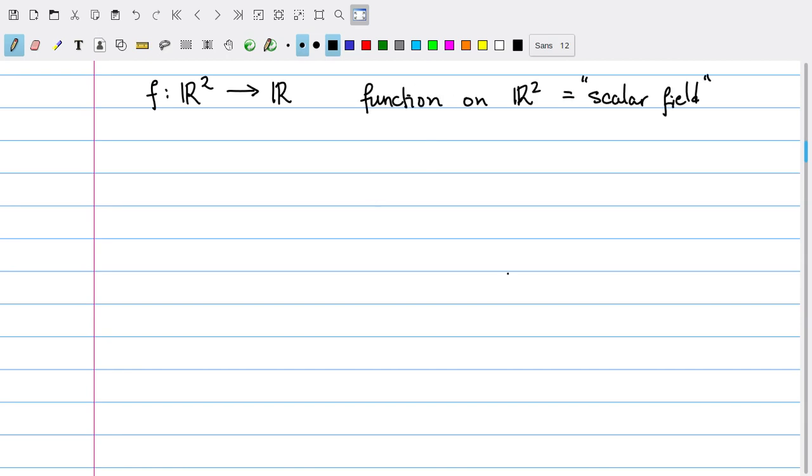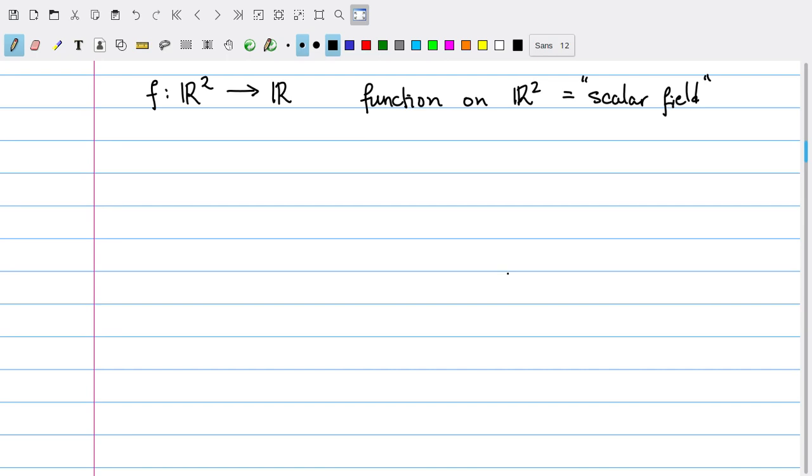In the context of vector calculus, we usually describe a function, f, which is just a scalar valued function on R2, as a scalar field. The difference between scalar fields and vector fields mirrors the difference between scalars and vectors that we learned about when we studied vectors back in our previous calculus courses.